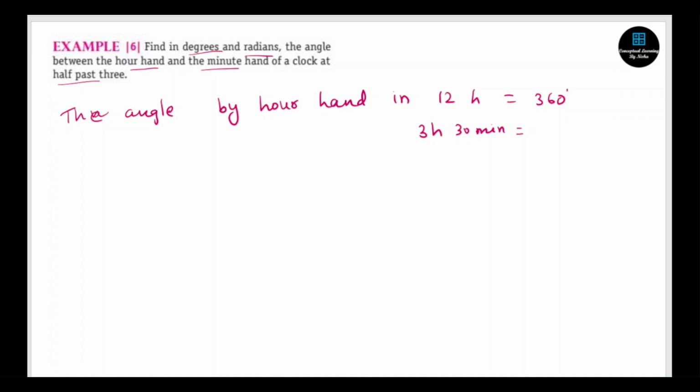So 360 over 12 times 7 over 2. When we simplify this, we'll get 105 degrees.